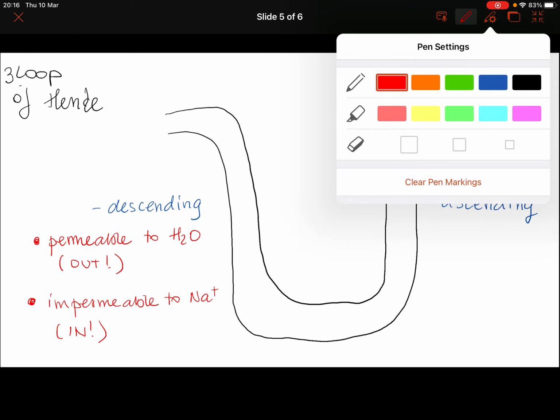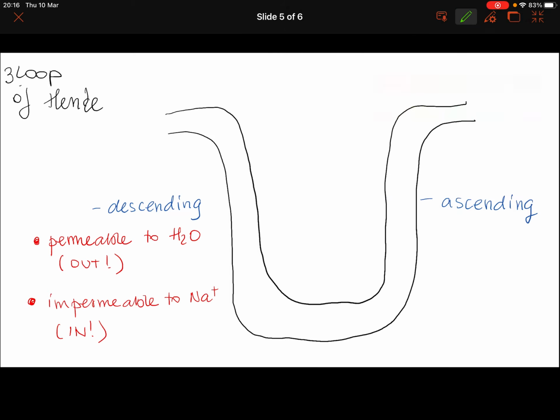Looking at the ascending limb, because obviously biology isn't that straightforward, just to confuse you, in the ascending limb we've got a different scenario. The ascending limb is impermeable to water. What does that mean? Now you should be confident with that.